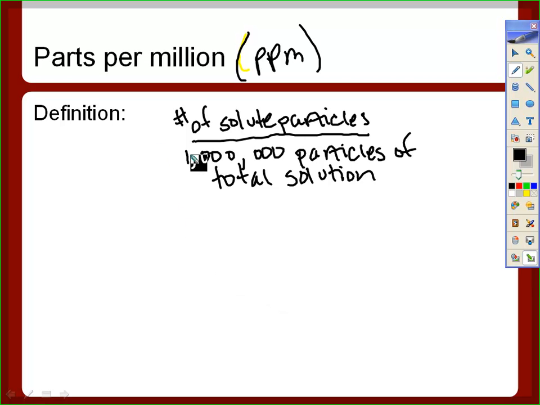So it's like a percent, except instead of mass per 100 grams of total solution, it's particles per 1 million total solution.